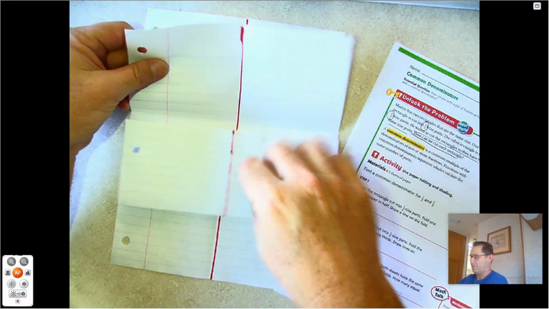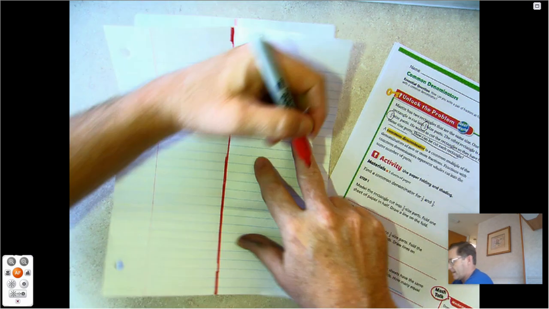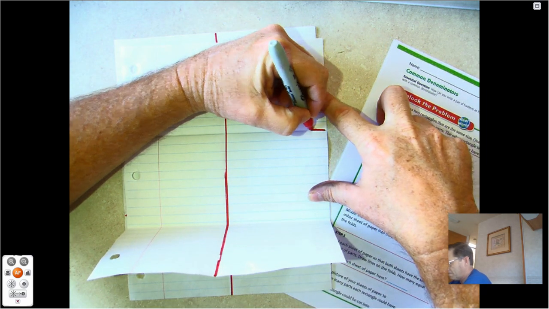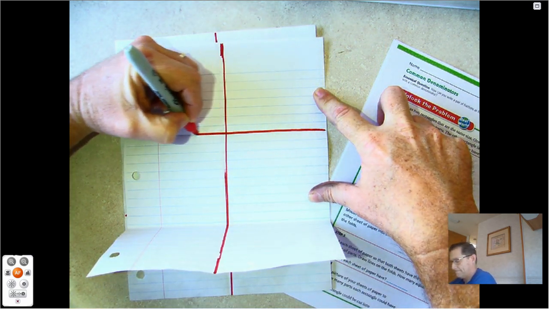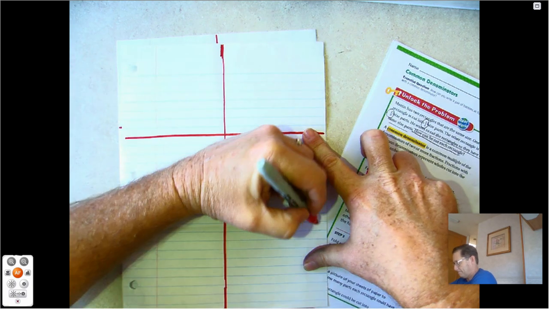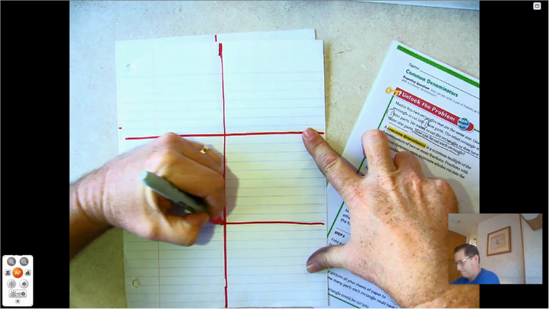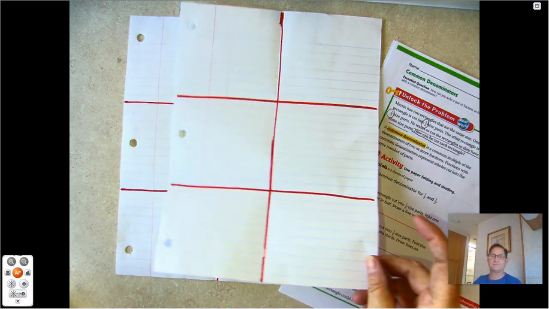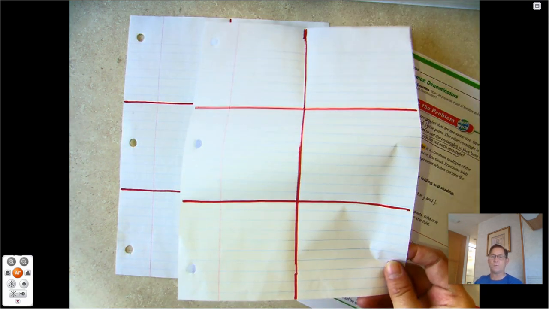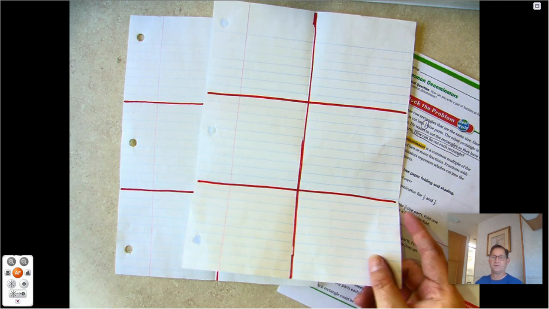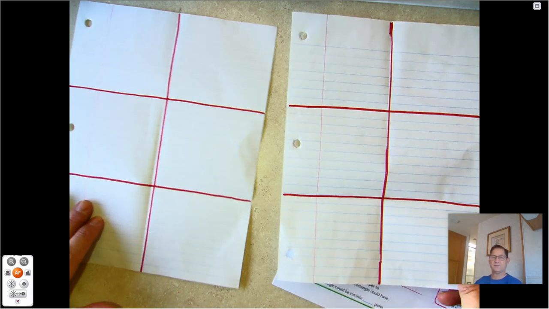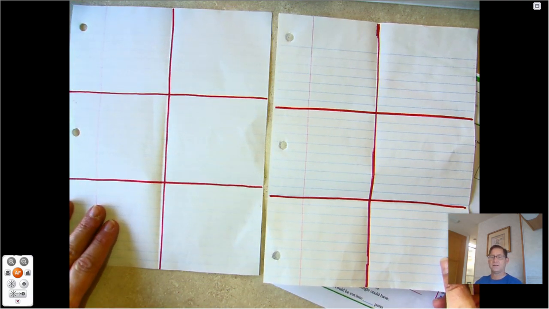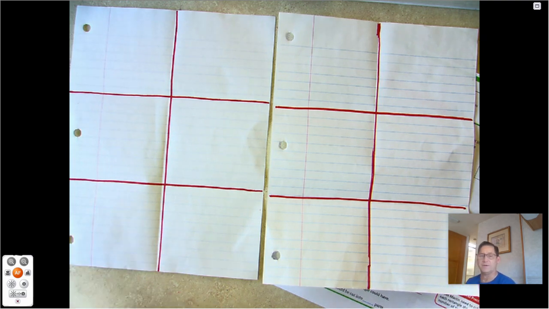If we open it up and draw lines along the folds, we've now made 6 equal parts on this piece of paper. So now both of the papers match. And that's what we're looking at with common denominators.